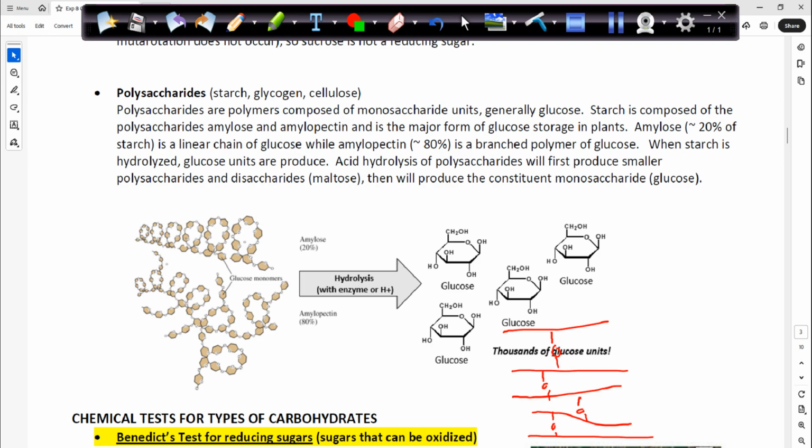When you hydrolyze them, you get hundreds of glucose out of this hydrolysis. Starch is made of 80% amylopectin and 20% amylose. All of those, when hydrolyzed, give you glucose.